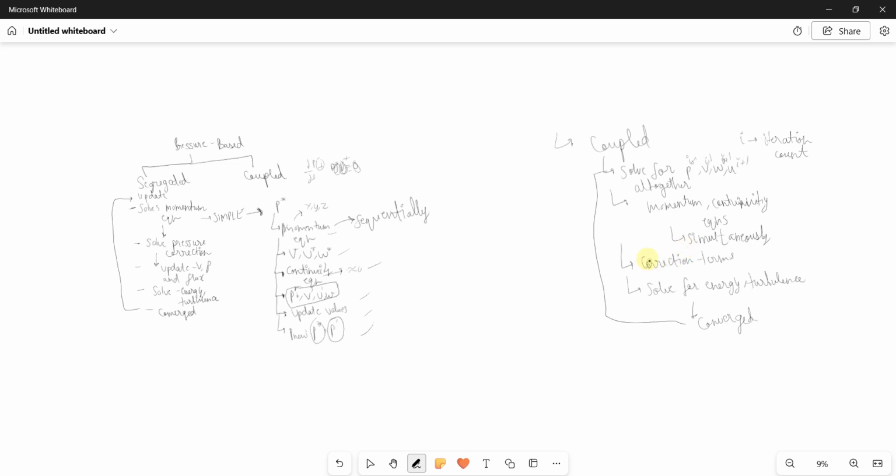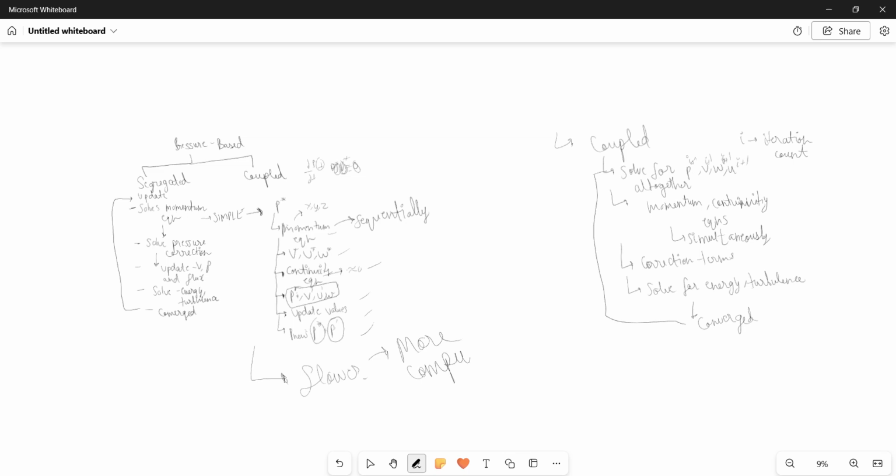Then based on the errors, again you come up with a correction term, and then you solve for energy and turbulence at the end. Check if the values have converged, and if not converged, you again update values, and the cycle goes on, right?